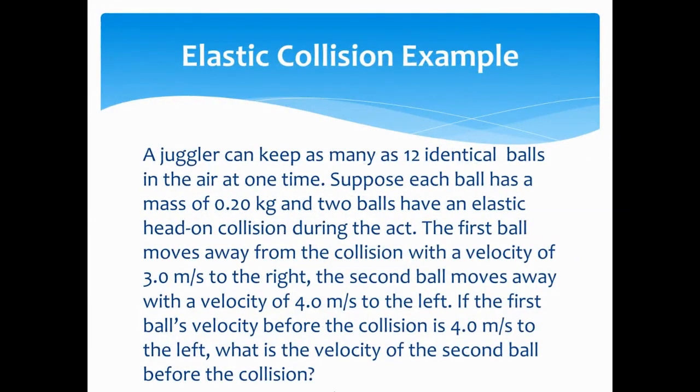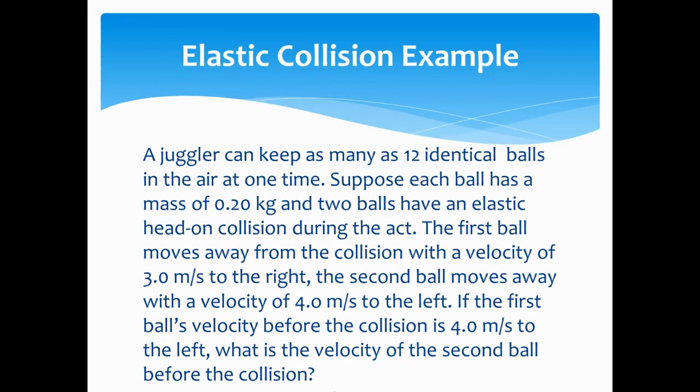All right, so let's do an example. Elastic collision example. A juggler can keep as many as 12 identical balls in the air at one time. Suppose each ball has a mass of 0.20 kilograms and two balls have an elastic head-on collision during the act.